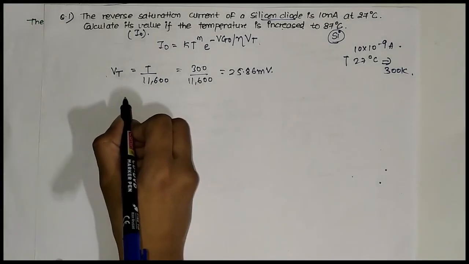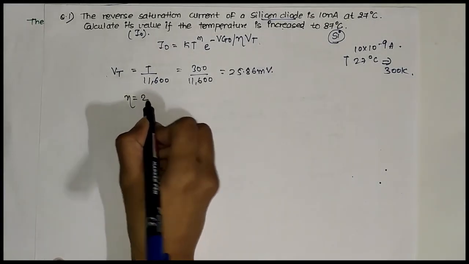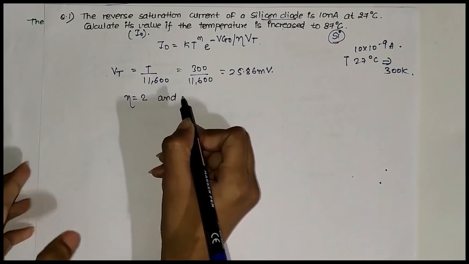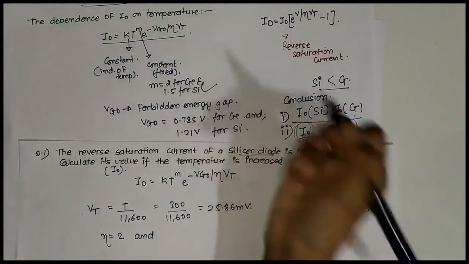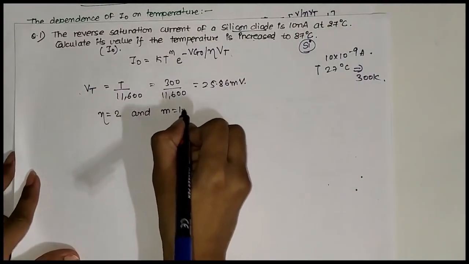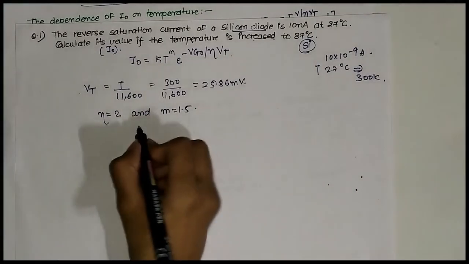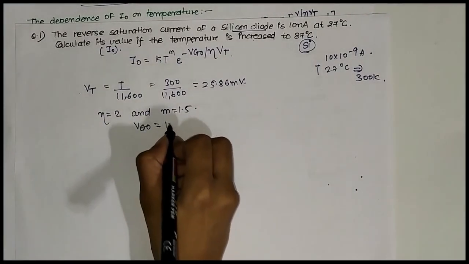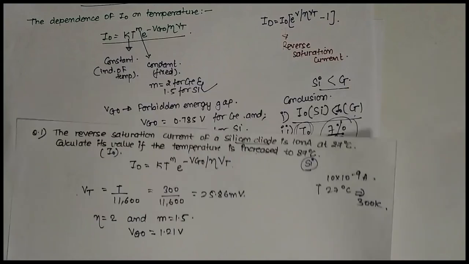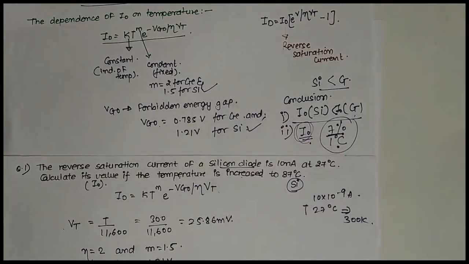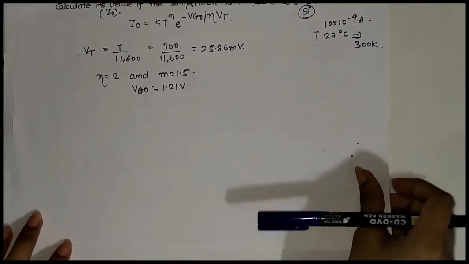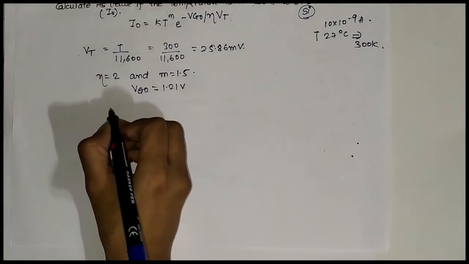We also know that the value of eta is equal to 2 for silicon, the value of M is equal to 1.5 for silicon, and the value of VGO is 1.21 volts for silicon. Now we'll substitute the values into the equation.